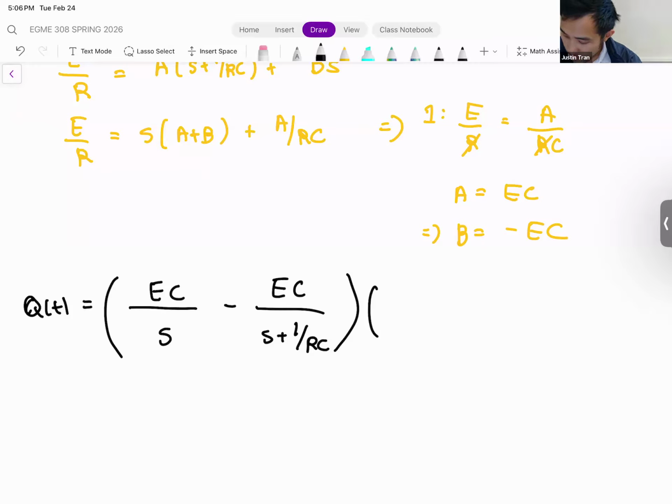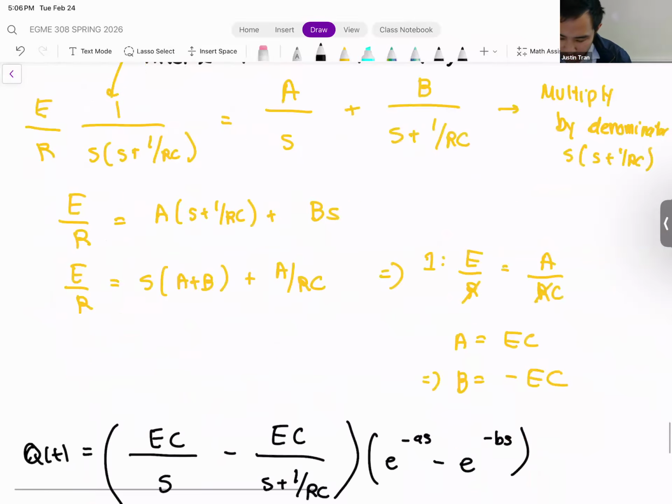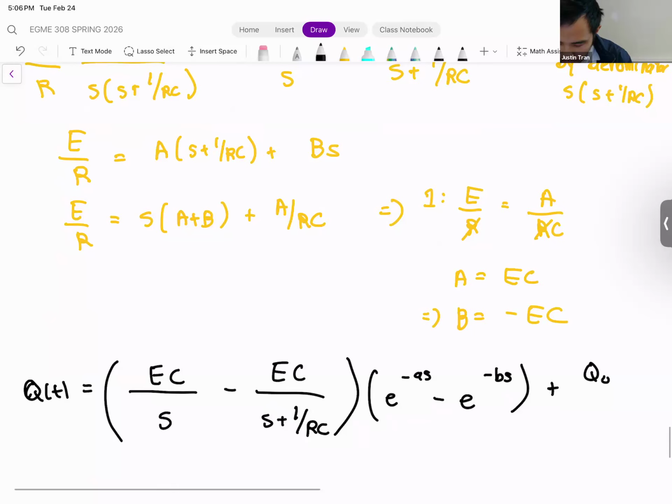And so our shifting terms are E to the minus AS minus E to the minus BS. And then we can't forget our initial condition terms. We have plus Q naught over S plus 1 over RC.